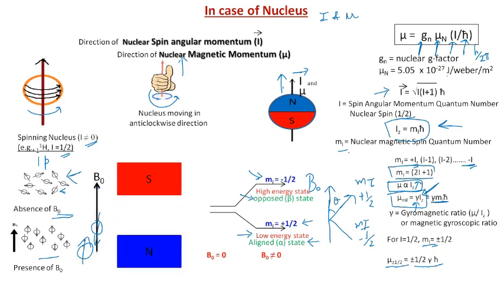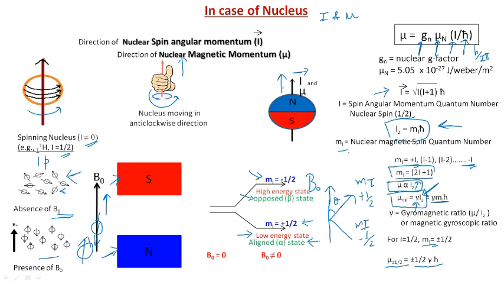Suppose this is the applied magnetic field, with the north pole and the south pole of the applied magnetic field, and the direction of the applied magnetic field is north to south.